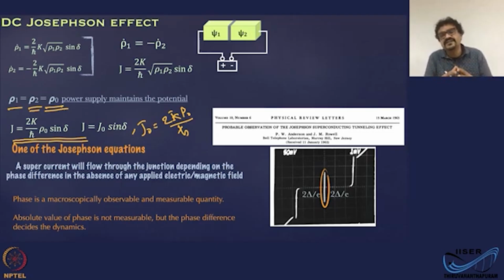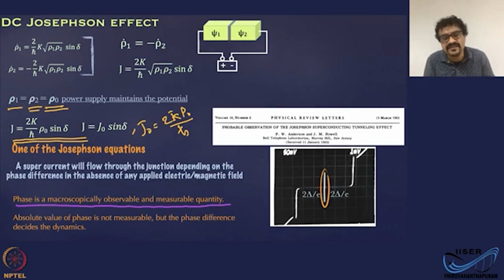Generally, phase is something which will disappear when you calculate anything observable, such as current, momentum, position, any of these. The phase term will disappear generally. But in the case of a superconductor, the phase is a macroscopically observable quantity.